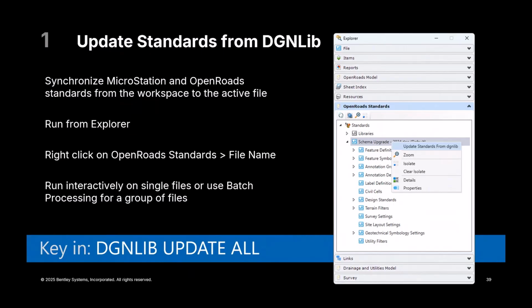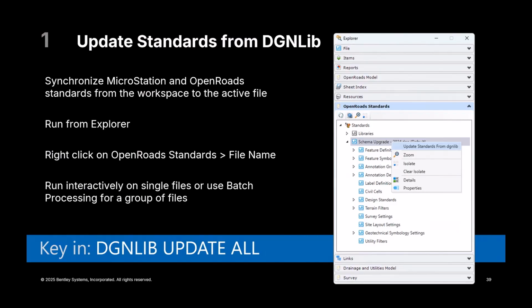You go into Explorer, right click on the schema or the file name. This file name happened to be called schema upgrade-2024, but I'm right clicking on the file name of the current file that I'm in, and you choose Update Standards from DGN Library.